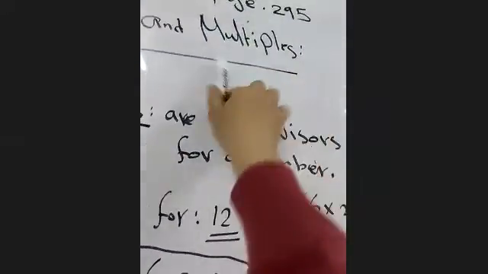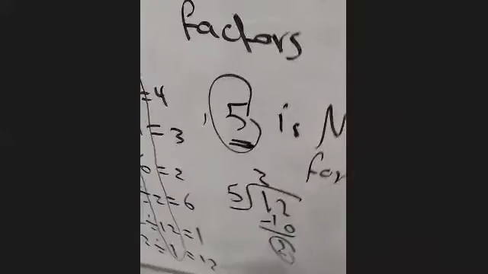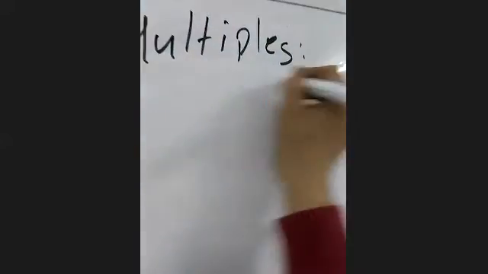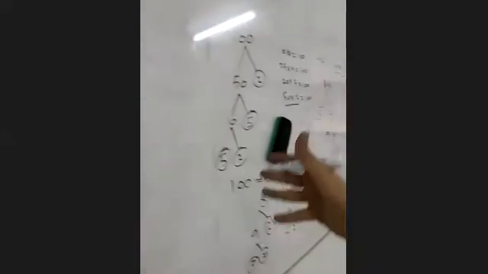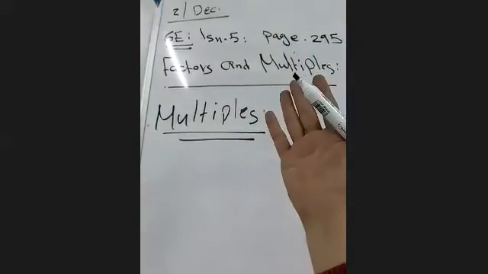What's the meaning of multiples? Multiples are easier than factors. Look here and understand it very well, please. Now, how do we find multiples for a number? We talked about factors here. Now multiples.